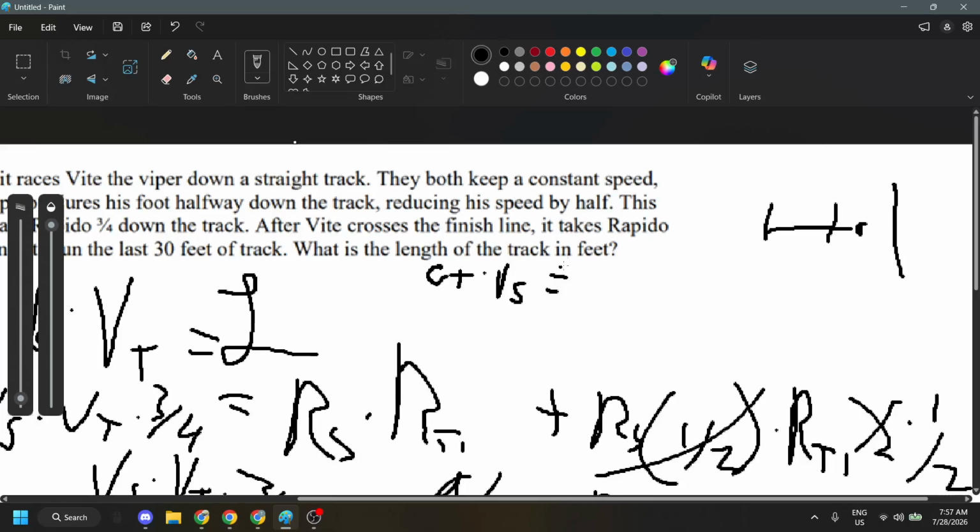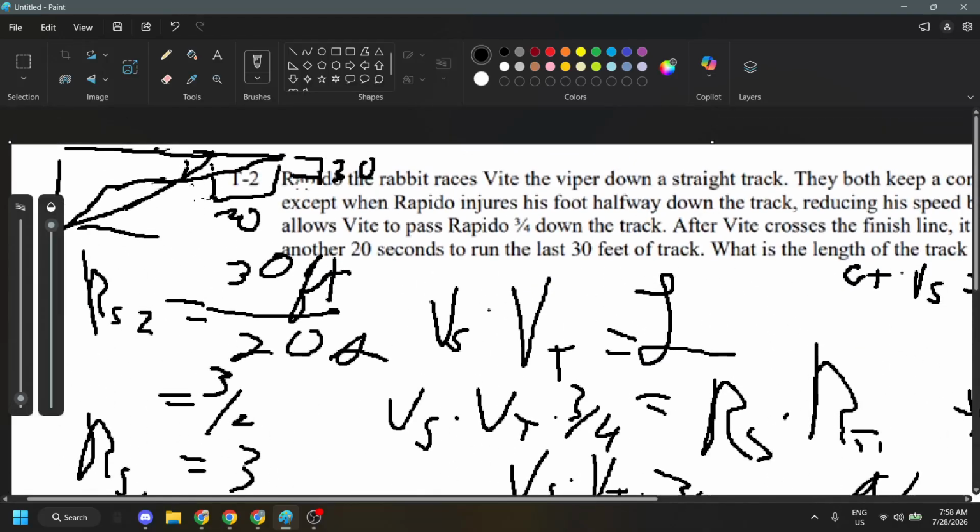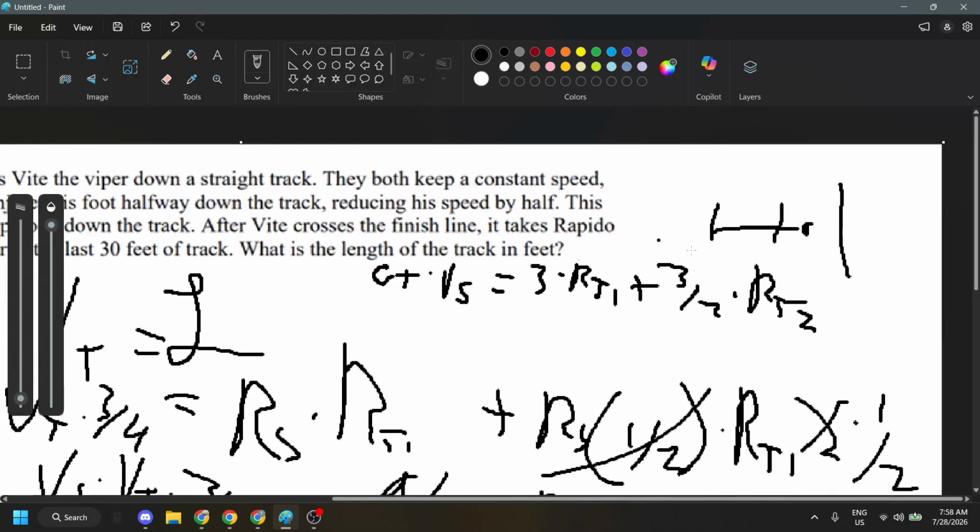So we just have to say RS times, which is 3 times RT1 plus 3 halves times RT2, which is 2 RT1 times 1 half. So it's just 3 halves RT1.